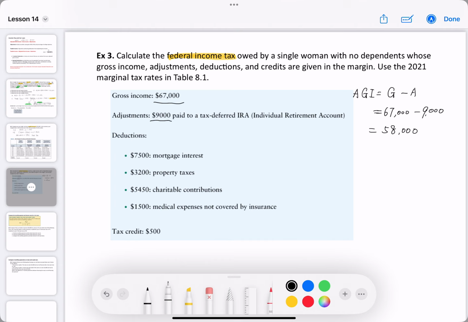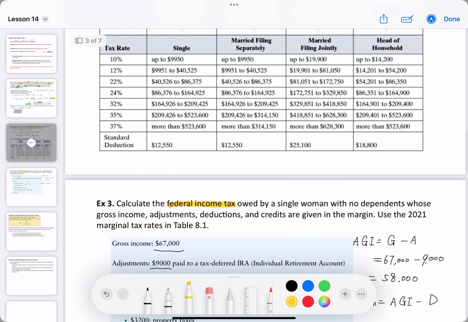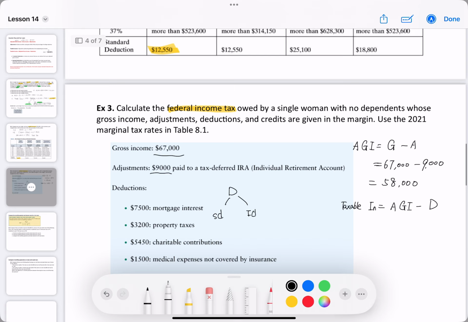And then what is the taxable income? Taxable income equals AGI minus deductions. And the deductions, we have learned, have a standard deduction and an itemized deduction. Which one am I going to choose? It all depends on which one is greater. If I go back to the table here, this woman is single and the standard deduction is 12,550.